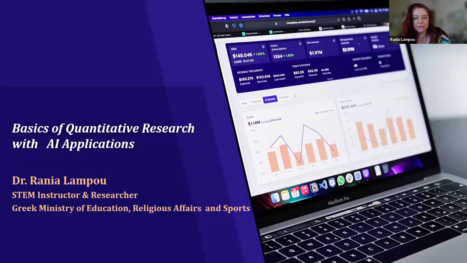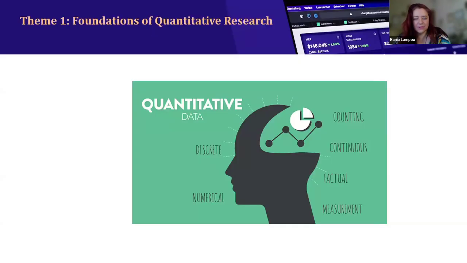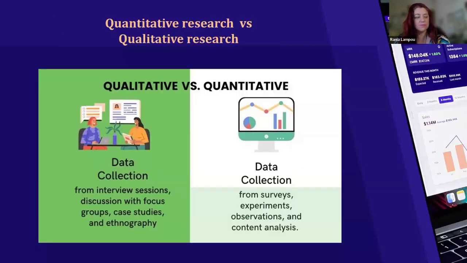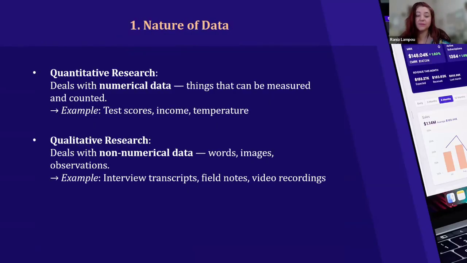So first, we need to clarify the differences between qualitative and quantitative research. These are two foundational approaches to gathering and analyzing data, each with distinct purposes, methods, and outcomes. In terms of the nature of data, quantitative research deals with numerical data, things that can be measured and counted.